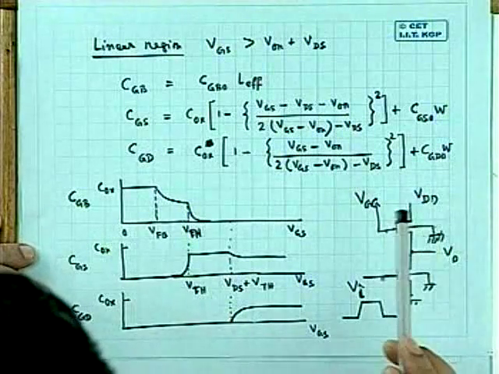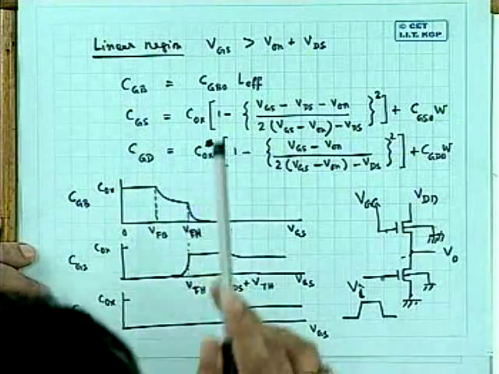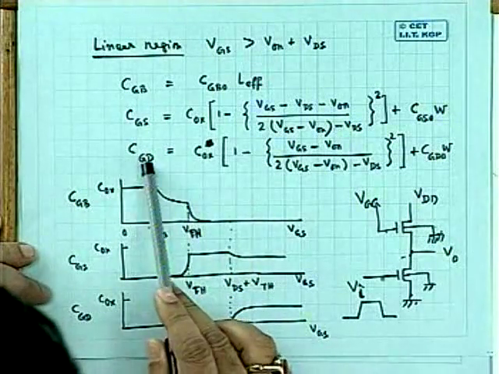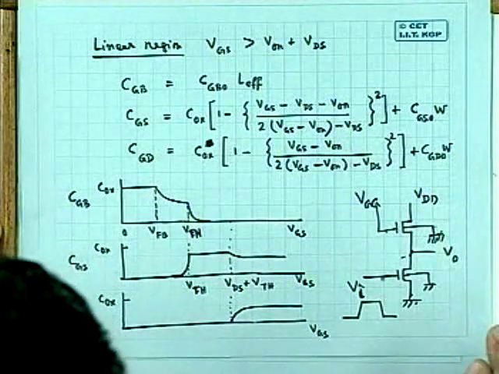The last lecture at the end, I told you that the kind of model equations which are used in level 2 due to Meyer, of course, that is the interelectrode capacitances between gate and body or substrate, gate and source, and gate and drain for different regions of operation.